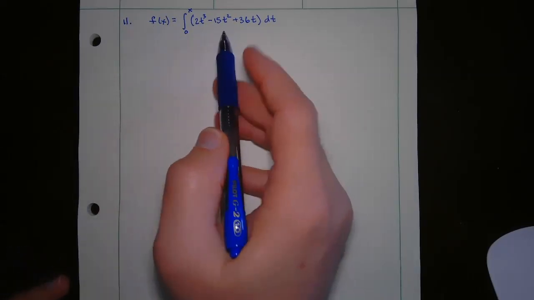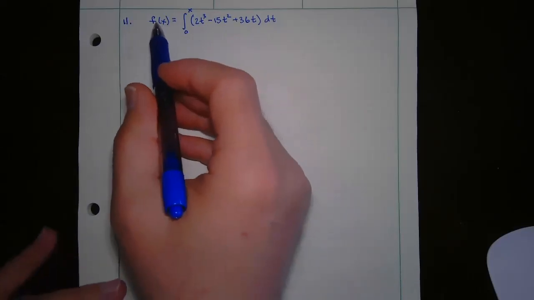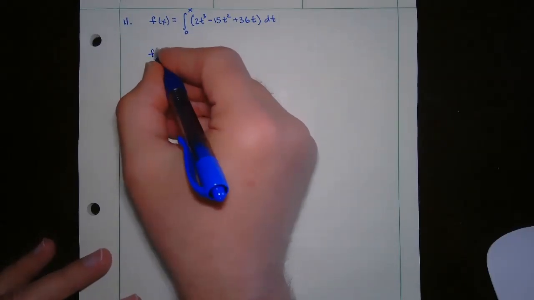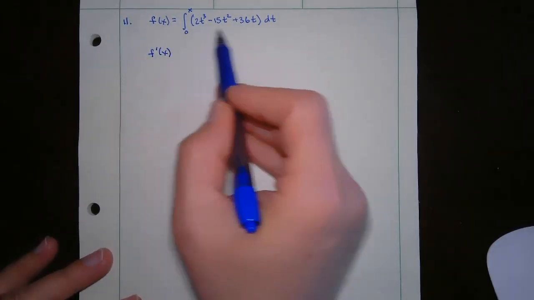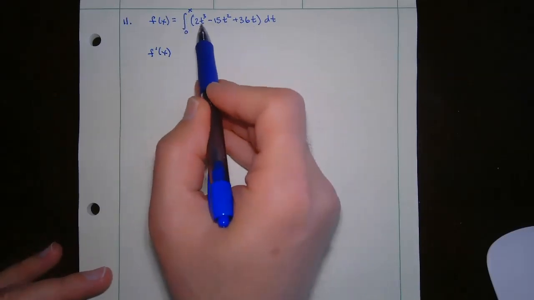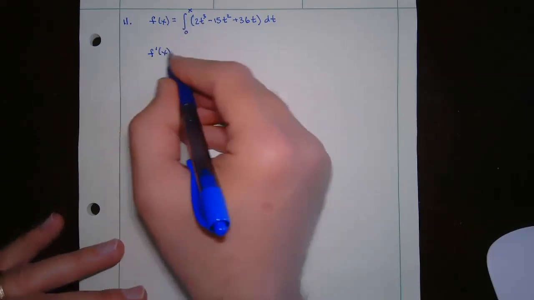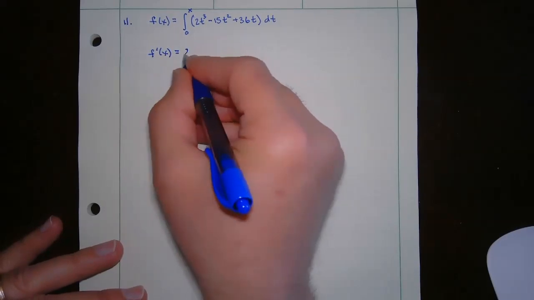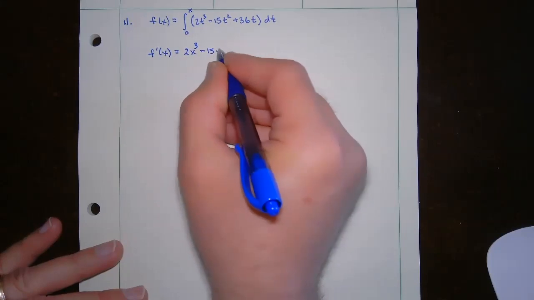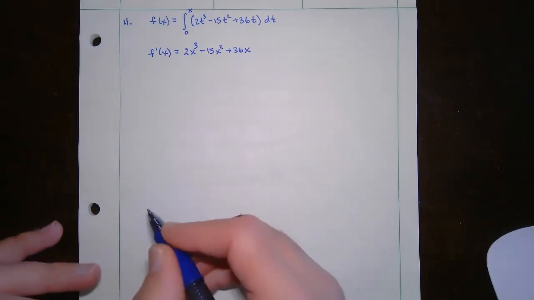So if f of x is this, okay, now this is the fundamental theorem of calculus, okay? If I take the derivative of this, this would be f prime of x, right? So f prime of x. If I take the derivative of this, remember this is just going to be 2x cubed, okay, because the derivative will undo this integral, right? Okay, so this becomes 2x cubed minus 15x squared plus 36x, okay?